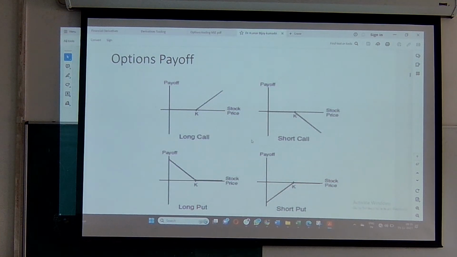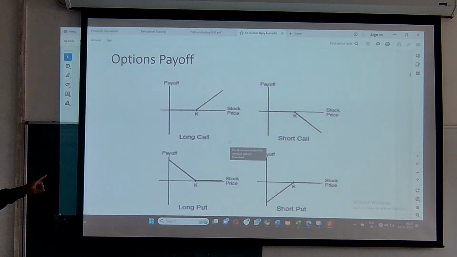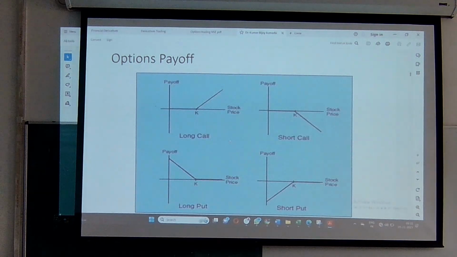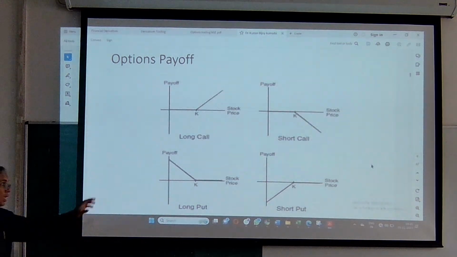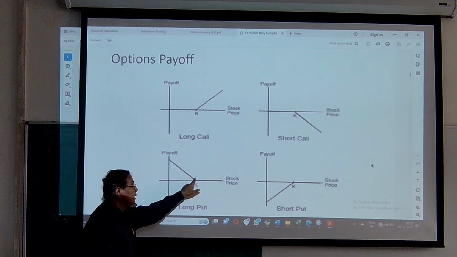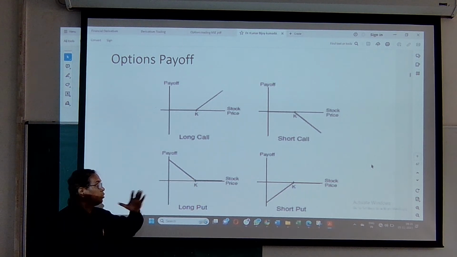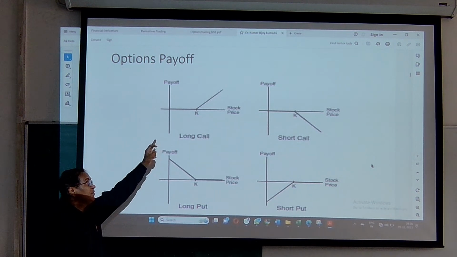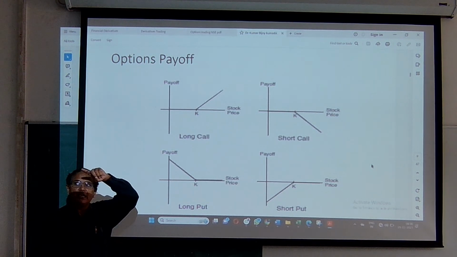If you consider this, you will find the options payoff which is available here. This options payoff is nothing but, suppose this is 83.56, K is the strike price.